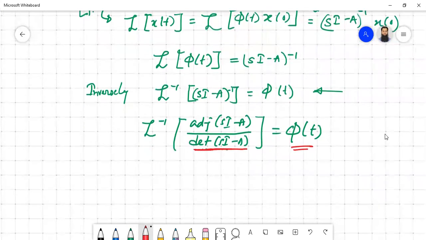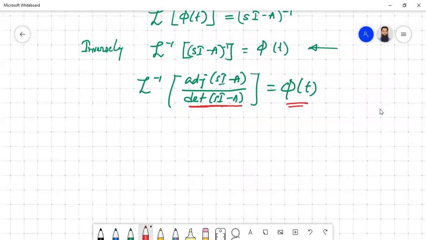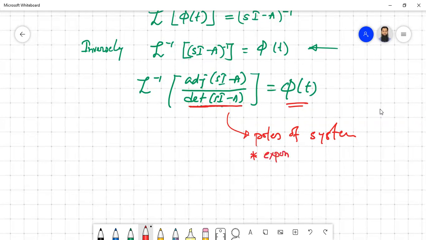And what is the determinant? The determinant is nothing but the poles of the system, which means it gives the exponentials of the system response. So all the poles of the system will be included in phi(t).